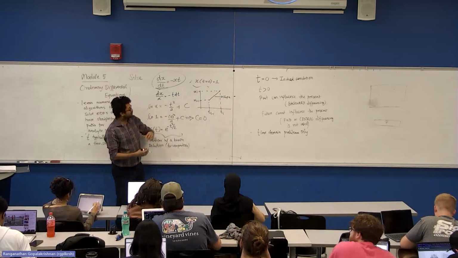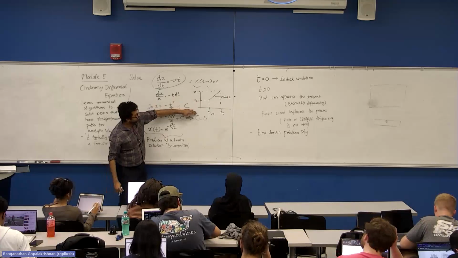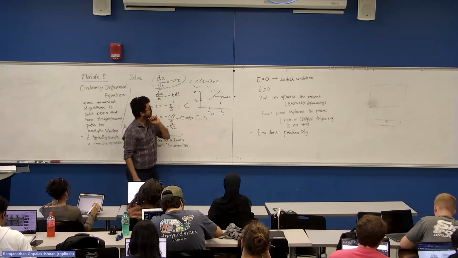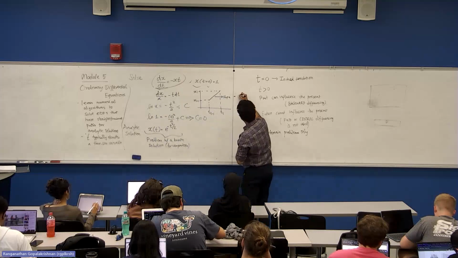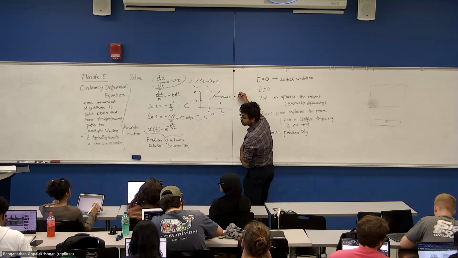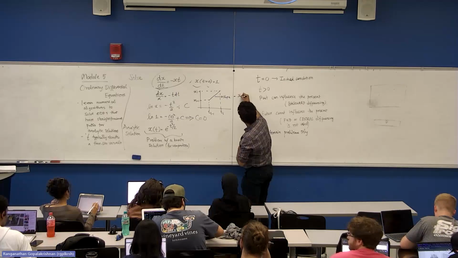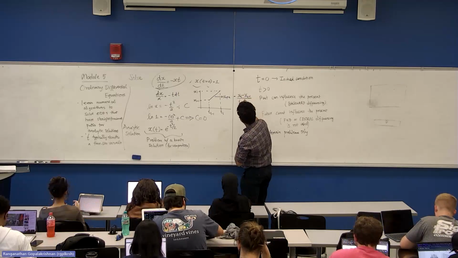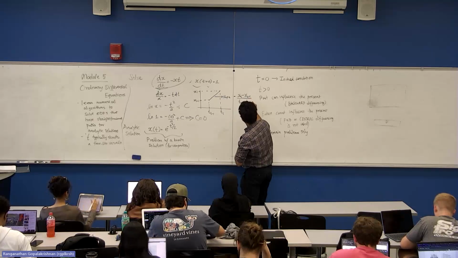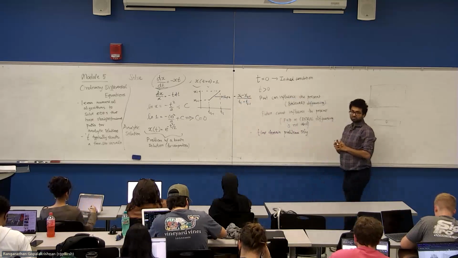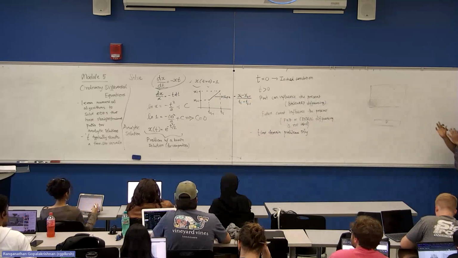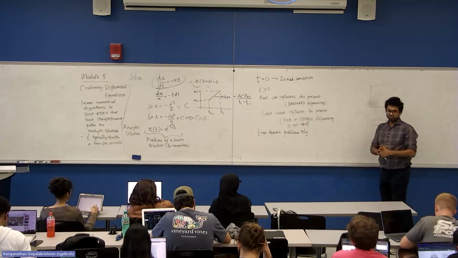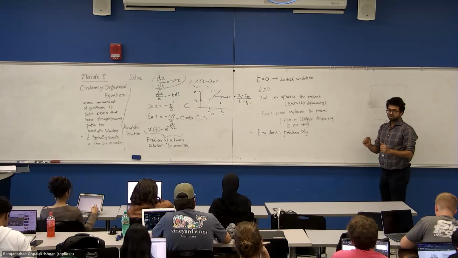What is the slope equal to if this is x and this is time? Slope should be x_i minus x_{i-1} divided by t_i minus t_{i-1}. Just writing a very simple first order approximation for the slope. With me? Yeah, okay.